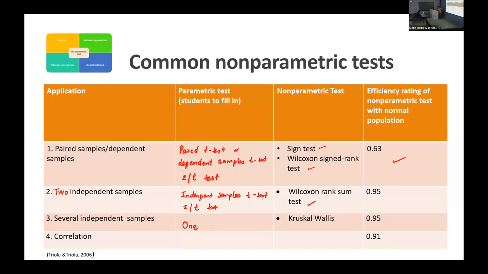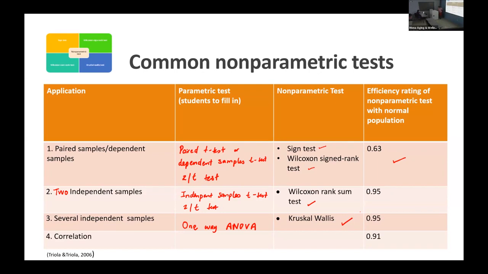One-way ANOVA, analysis of variance. That's right. And the non-parametric analog to the one-way ANOVA is the Kruskal-Wallis test. So we're going to look at all of these tests. And the Kruskal-Wallis test is 95% as efficient as the one-way ANOVA.